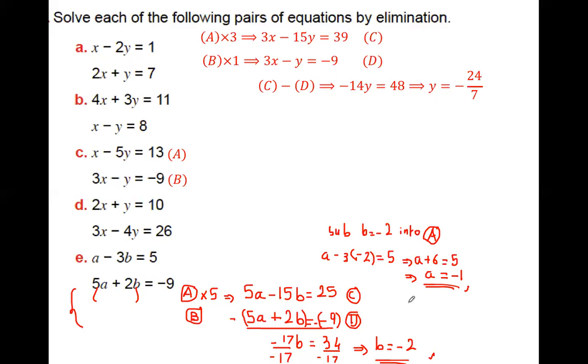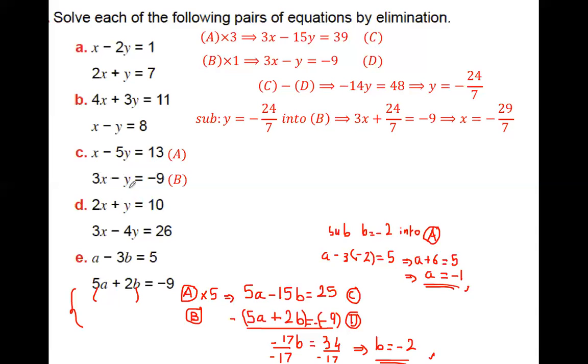Now we need to sub y into one of the two. So sub y equals negative 24 over 7 into B, for example. Then that gives me, where's B? 3x?